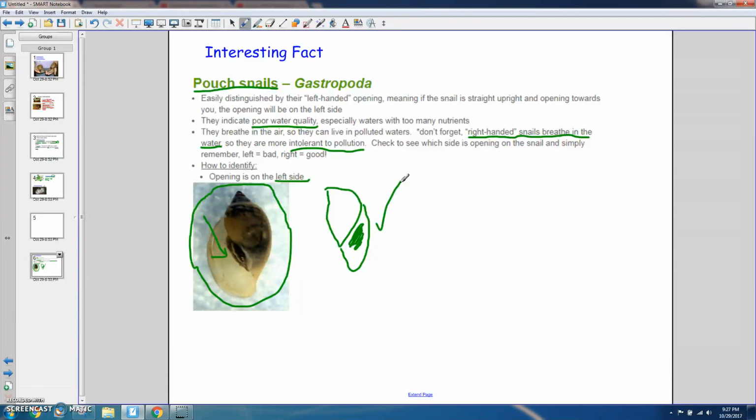So you can actually assess the stream and its quality based off of the presence or absence of these particular snails. So it's really interesting to make note of the ecological importance of them and how we can use them to assess the quality of our environment that we live in, specifically in this case, streams.